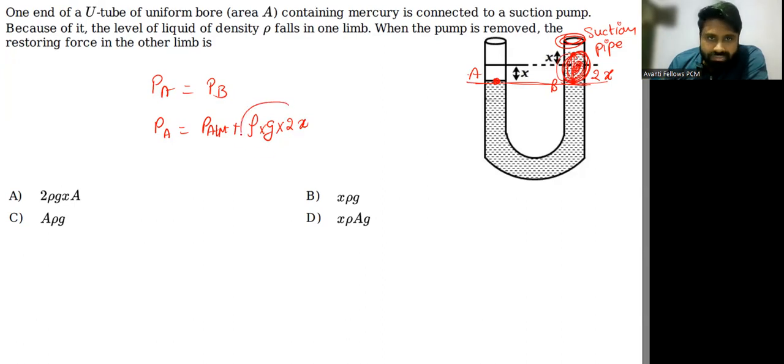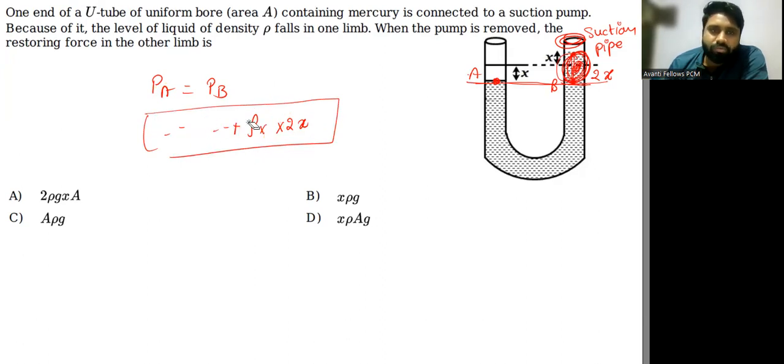So this much pressure we need. Got it? So pressure at B, PB, will be rho g times 2x if I do not consider the atmospheric pressure at all. Pressure at A is also equated to P atmospheric plus rho g 2x.